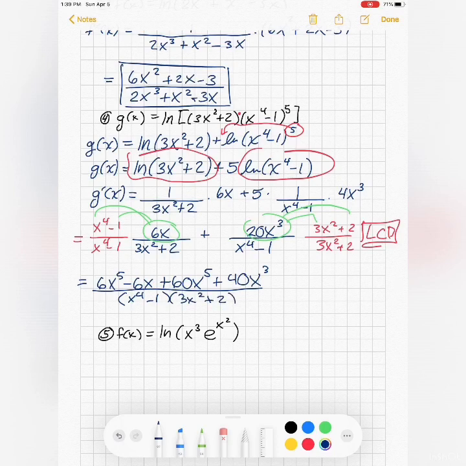Just curious if we'll get any like terms or not. Oh, I guess so. So 66x to the 5th plus 40x cubed minus 6x.